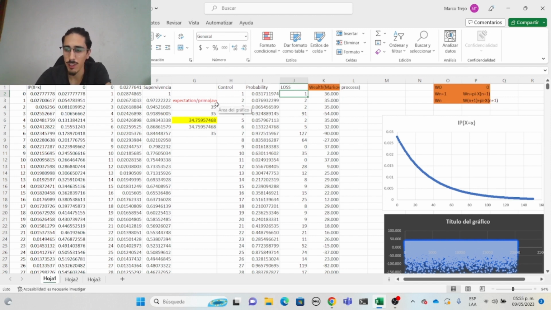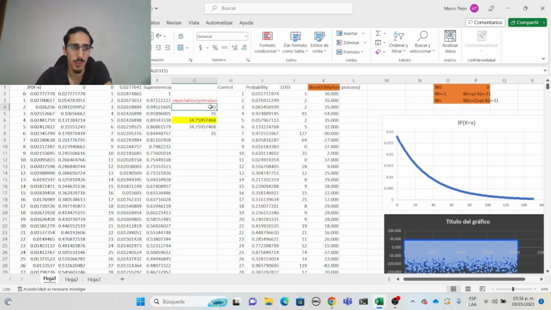Now we use the weak law of large numbers, which is the same as the Monte Carlo simulation technique. It says that if we have a lot of simulations, the result will not get too far from the real mean of the distribution. So we have different techniques to obtain the expectation. That is the premium, the average that a participant has to pay to play the game, or in the case of insurance, the minimum amount of premium you have to charge the client.